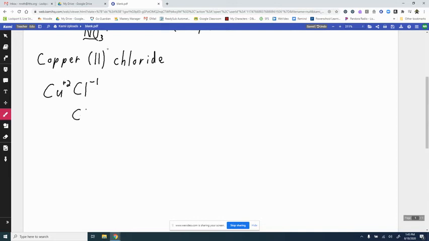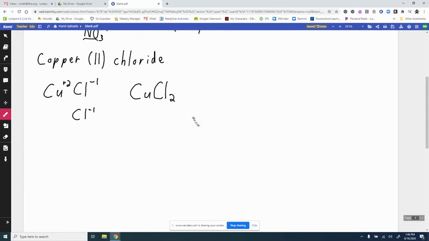We have to add an extra Cl -1. Now we have a +2 and a -1, -2. And so it's balanced. So we just put them together. Cu, we still only have 1 Cu. Cl, we have 2 Cls. And there we have it.